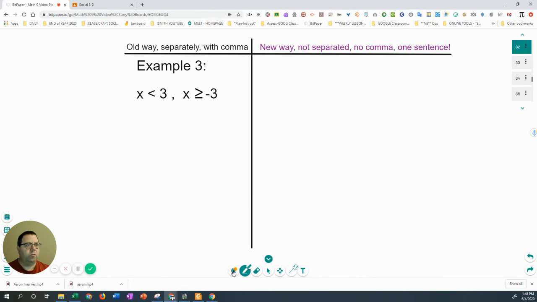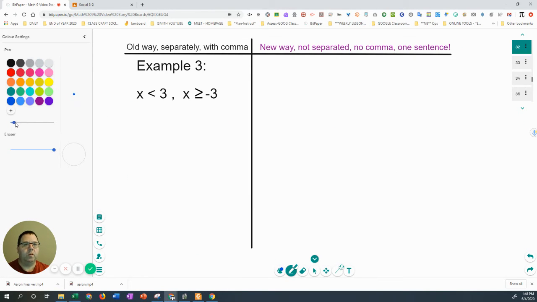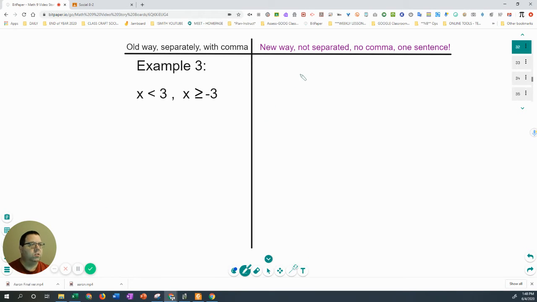Example number 3. So I'm going to just write it like this. Watch. I'll just do it immediately without all the in-between work. x is less than 3. Flip this. So I'm going to write x on the right. This is going to flip, and then the sign also flips.